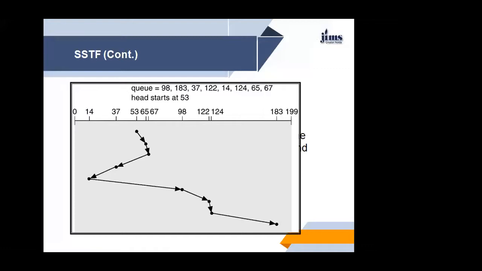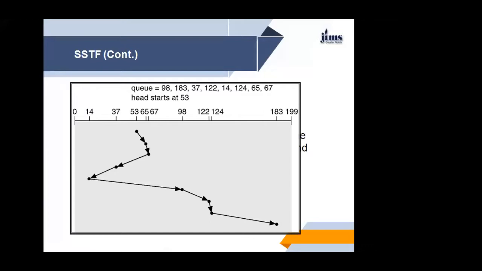This scheduling method results in a total head movement of only 236 cylinders, little more than one third of the distance needed for first come first serve scheduling of this request queue. So this algorithm gives a substantial improvement in performance.